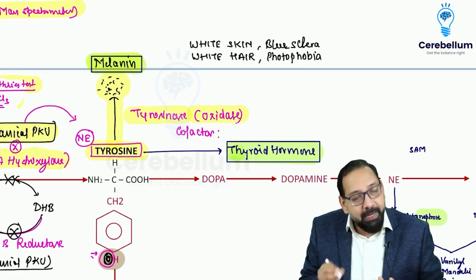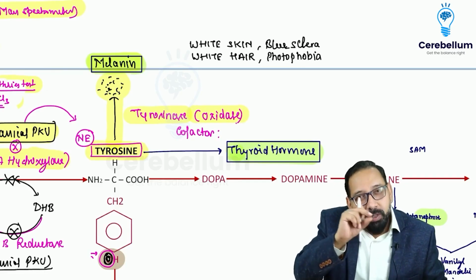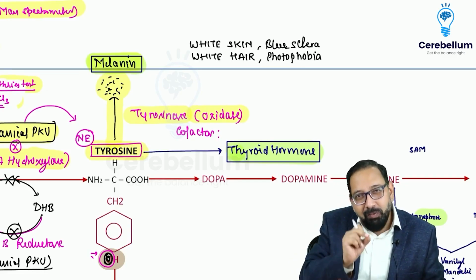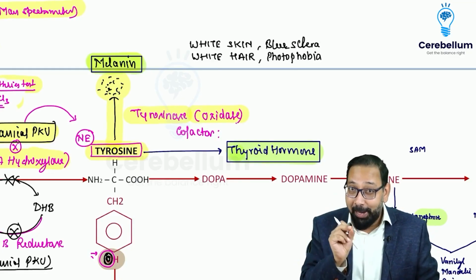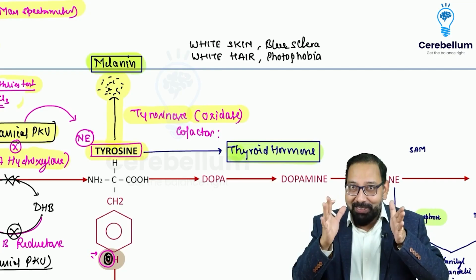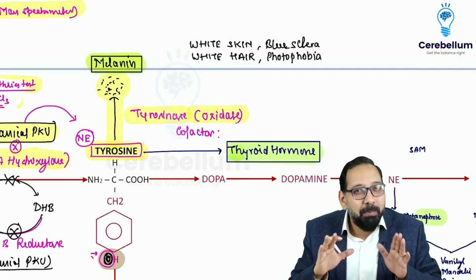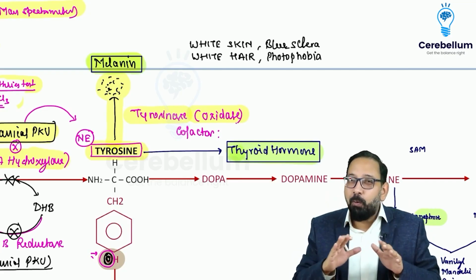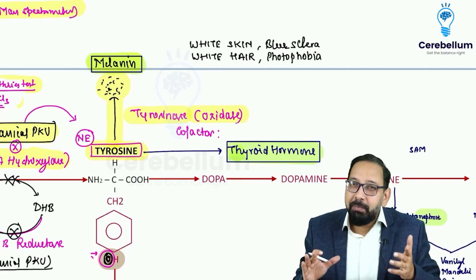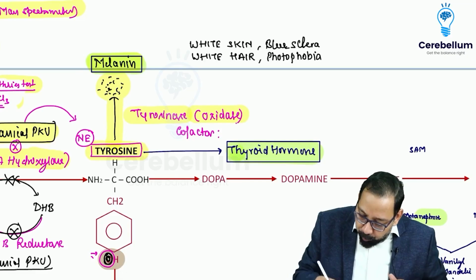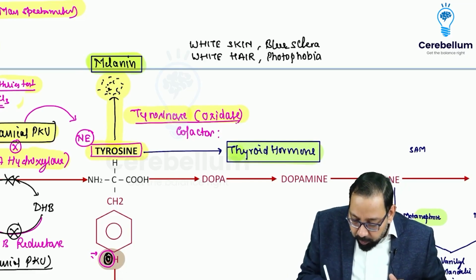And when you burn a tire, you will find that copper wires are seen in the burning tire. If you have visualized that copper, or you can make a mnemonic that wherever oxidases are there, most of the time copper is the cofactor. So the cofactor for tyrosinase is copper.